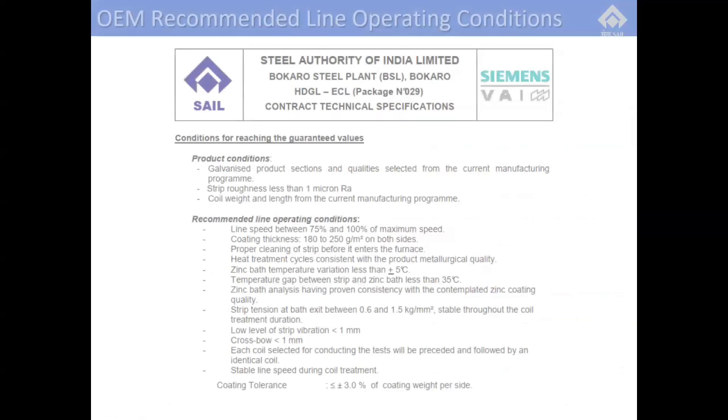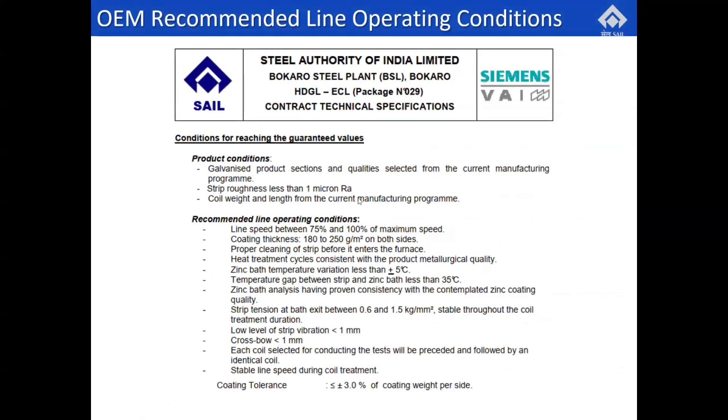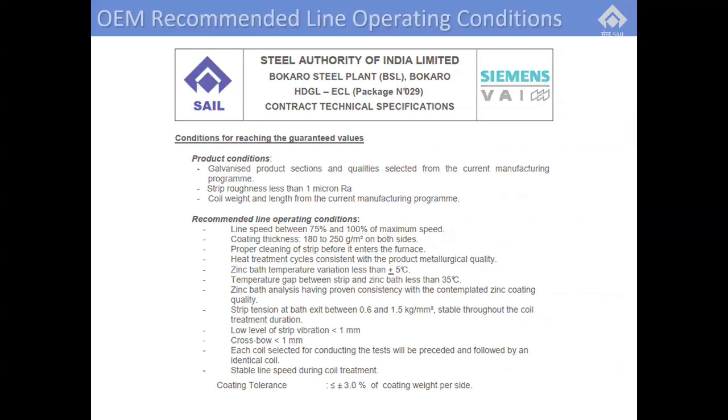Also, the same document, which gives this product breakup, gives the conditions for reaching guaranteed values. This part says the recommended line operating condition is line speed 75 to 100% of maximum speed with a coating thickness of 180 to 250 GSM on both sides. So these are the OEM recommended line operating conditions.